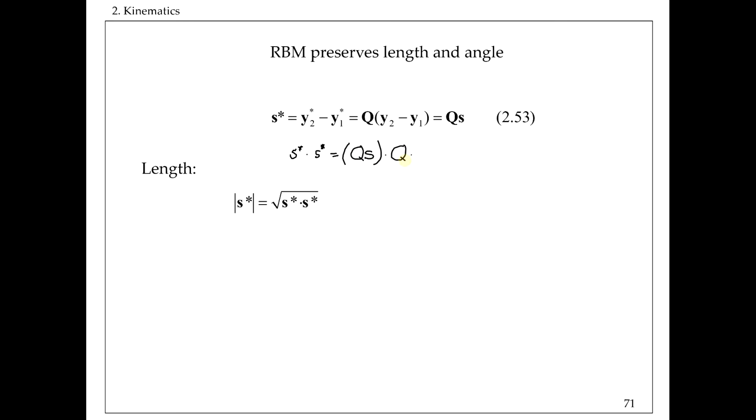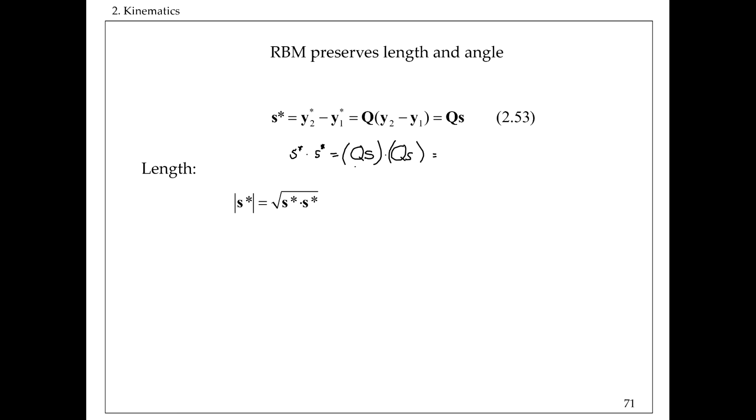This is also a vector, so you can have parentheses here, and what we want to do, as you can see from here, is to have these Q's multiplying each other, so we want to unite them.